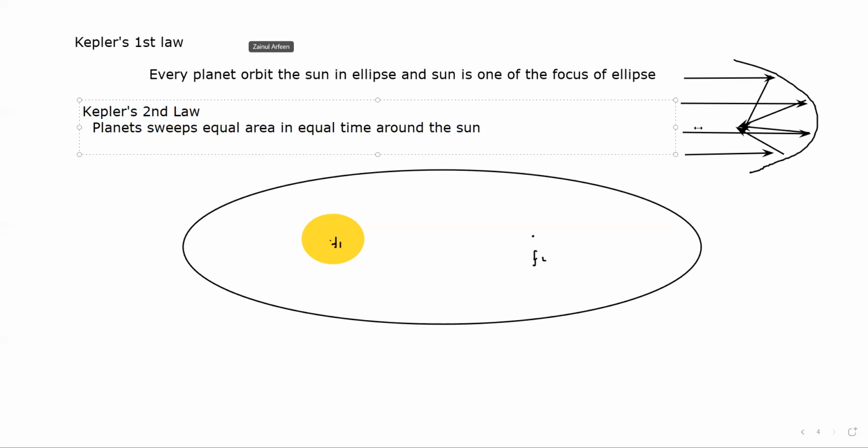So the planet will sweep equal areas in equal times around the Sun.